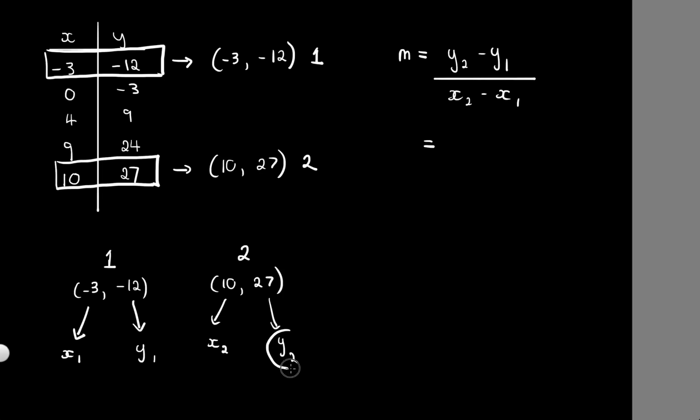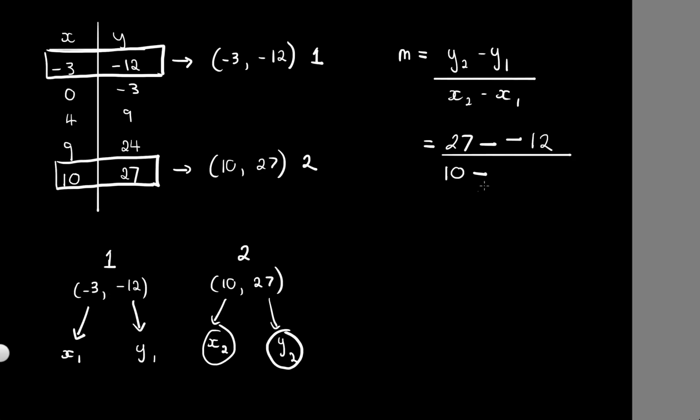So let's plug our numbers in. There's y2, and y2 is 27, so it's 27 minus, what's y1? y1 is -12. So it's 27 minus -12. Let's look at the x values. x2 is 10, so it's 10 minus, what's x1? x1 is -3.